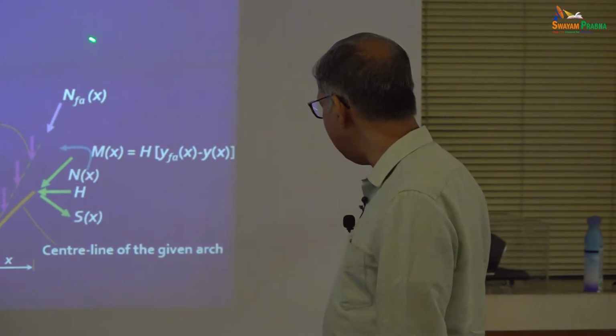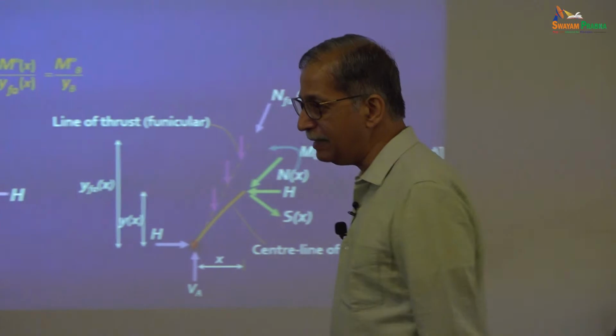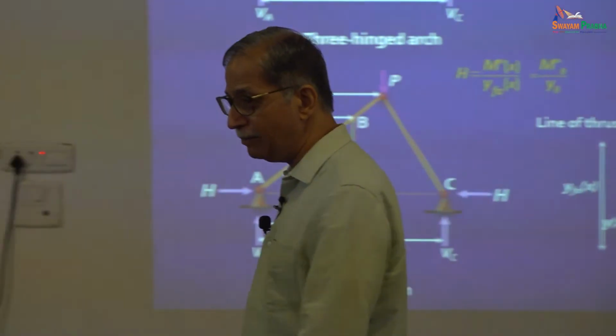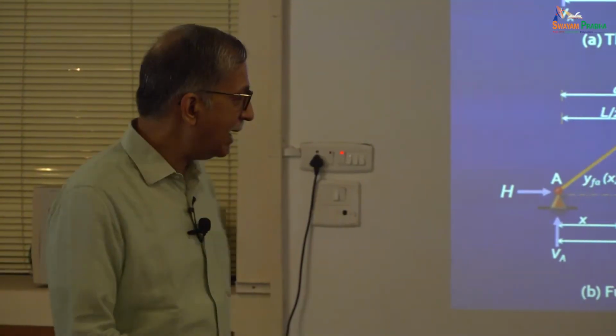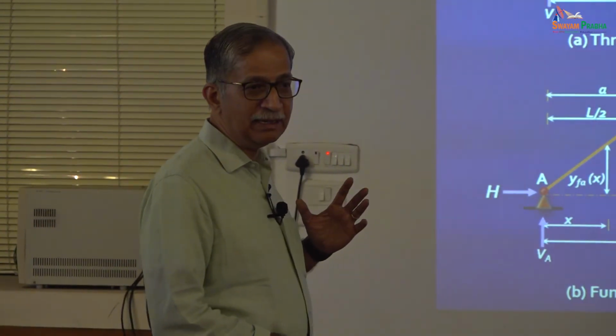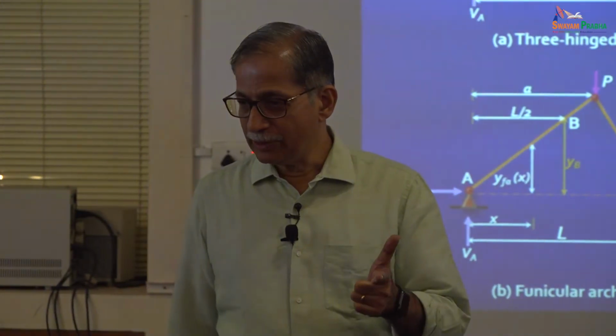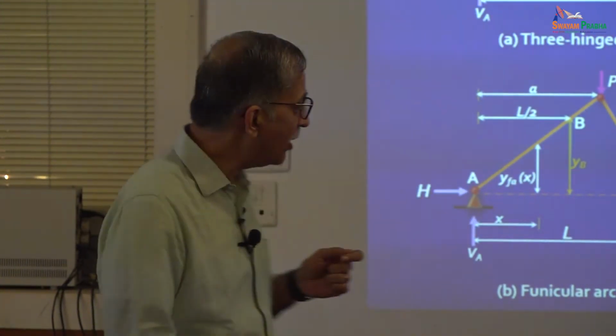So, if you compare the line of thrust, this is called the line of thrust, with the actual center line of your arch, and if there's any deviation between this perfect line of thrust in the ideal arch, then that deviation will give you bending moment and shear force, which was not there in the funicular arch. Are you getting it? At any location x.